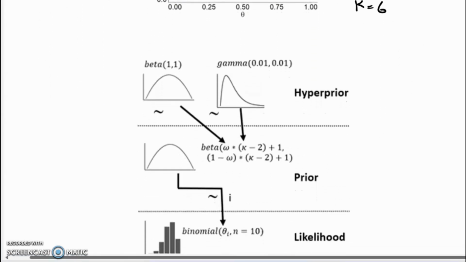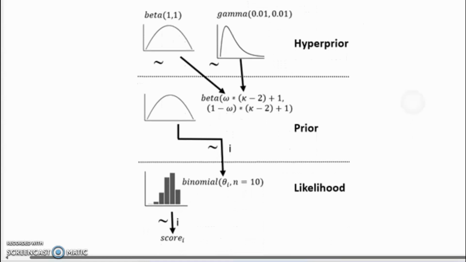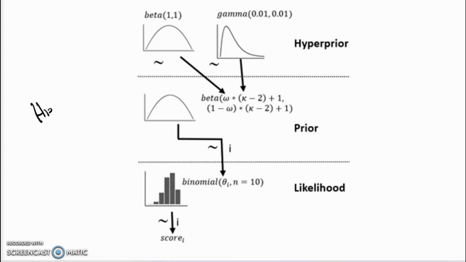So now let's think about this concept of pooling and shrinkage. And it's really not all that complicated. So here we have a hierarchical model. And one of the things that makes it a hierarchical model is that we're not specifying the values of these parameters. We're just indicating them as symbols, omega and kappa.